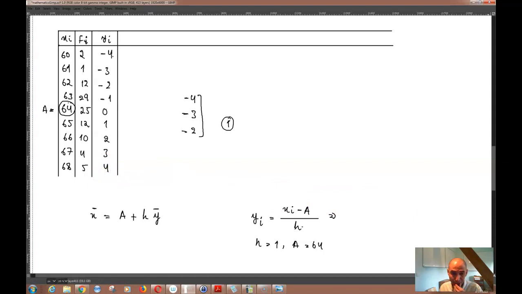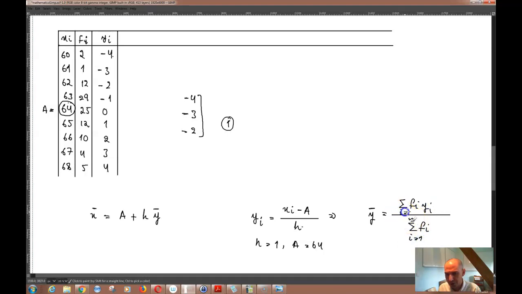Now that I have my y of i, I can calculate y bar. So y bar is nothing but sigma f of i y of i divided by sigma f of i, as i goes from 1 to n.